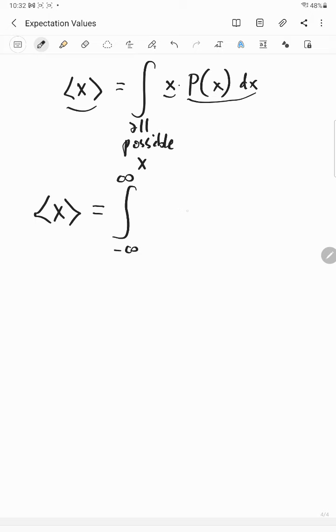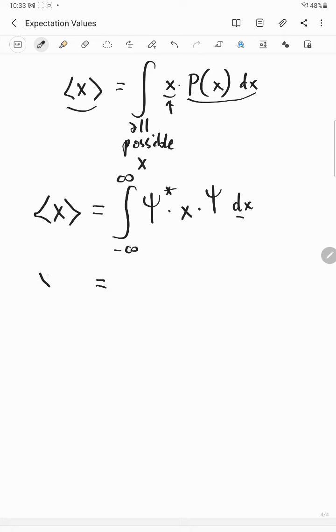The x value, or the function x, we put in, but we do kind of a strange thing. We put psi star first, psi second, so x is sandwiched in the middle. It's not off to the side. And we finish off by describing the small intervals, dx. So this is called the average value of x.